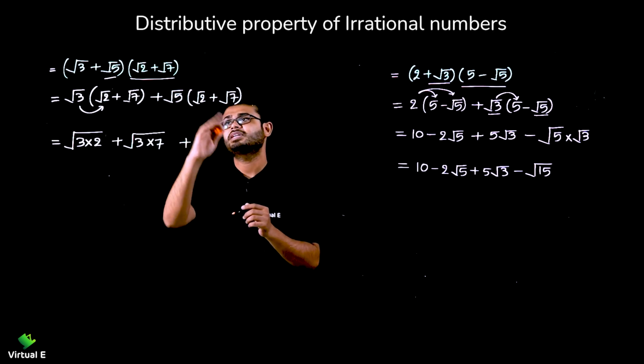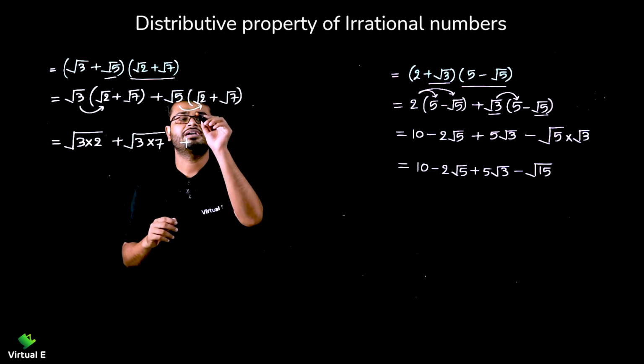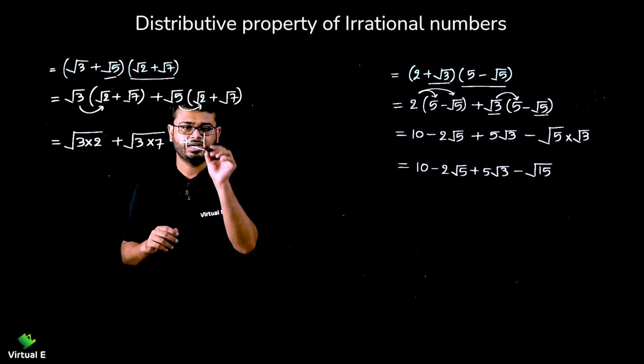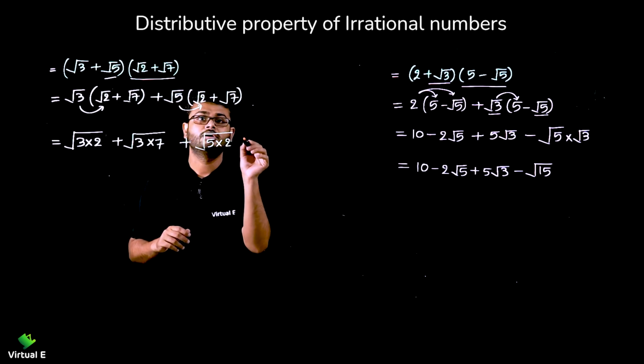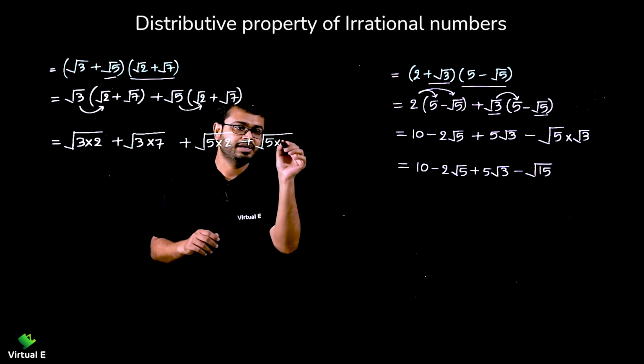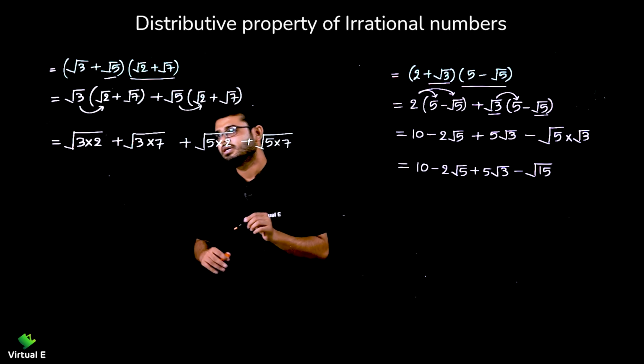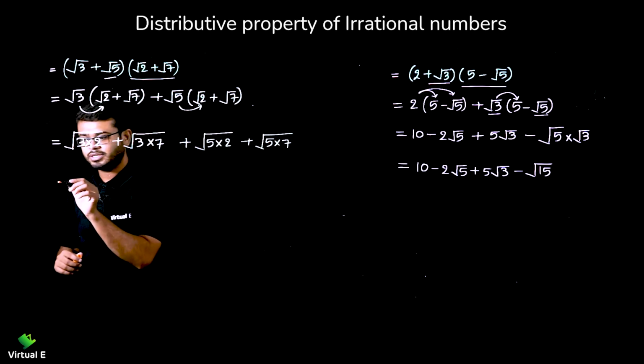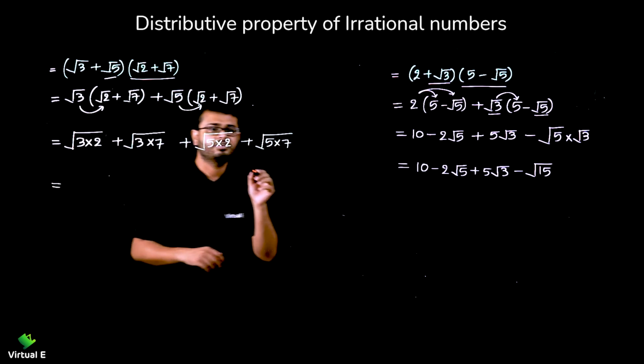Now let's apply the same property over here, root 5 multiplied by root 2. So we can write square root of 5 multiplied by 2 plus, in the square root, 5 multiplied by 7, right? Okay, so now let's write the product. Make sure that you do not have any perfect square over here.